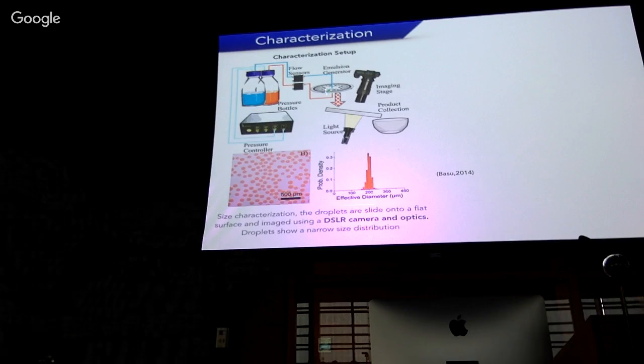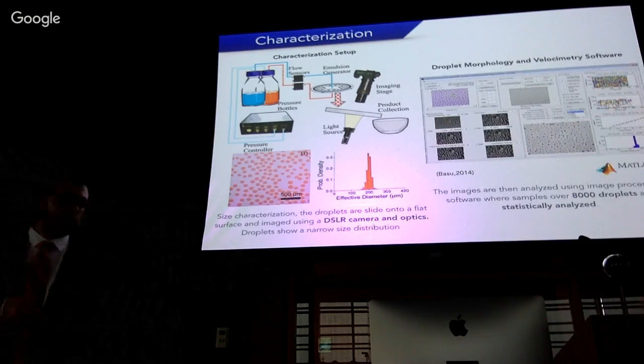Here we slide the emulsions through a surface that is lighted from the bottom, and we take images of the droplets as they slide through. And then we use MATLAB software to characterize and get statistical information of approximately 8,000 droplets, and we get these size distributions.